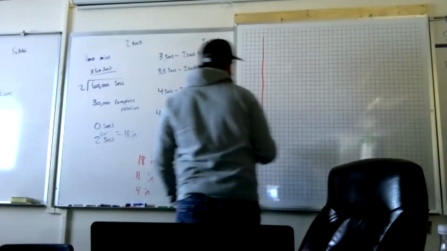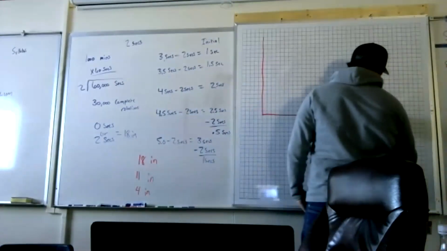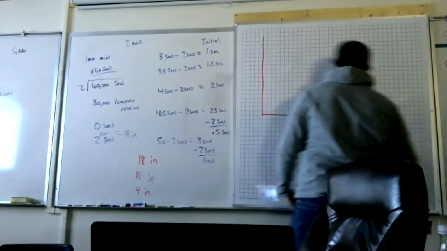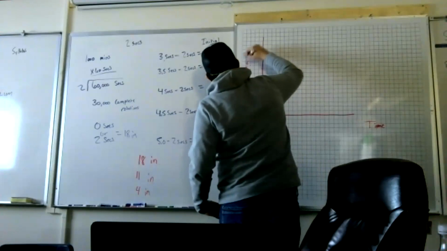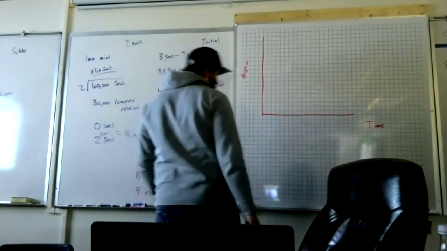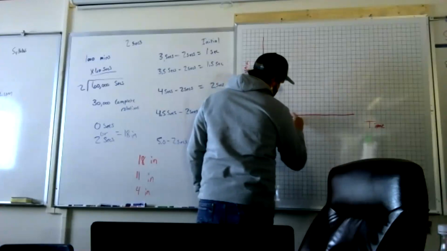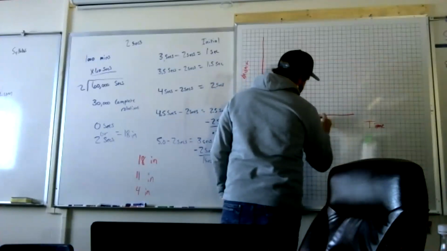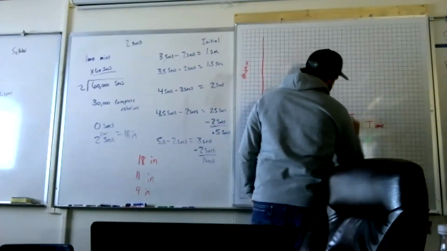So if I draw my graph, time is here as my horizontal or x-axis. This is the height of the pedal. I'm going to use intervals of 0.5: 0.5, 1, 1.5, 2, 2.5, 3, 3.5, 4, 4.5.